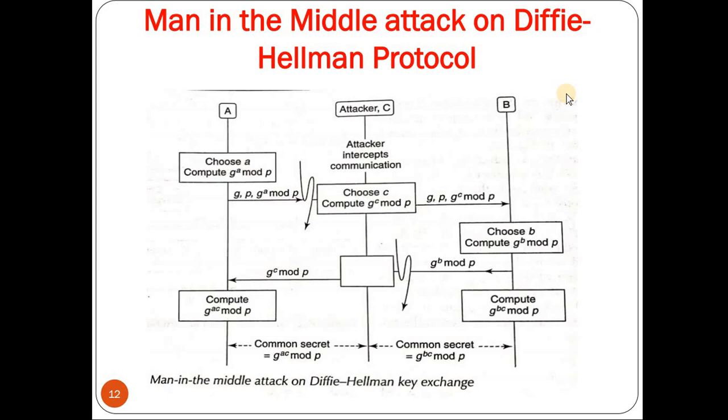Next we'll go through the man-in-the-middle attack on the Diffie-Hellman protocol. So as you can see in the diagram, there are three entities A, B and C, where C is an attacker.